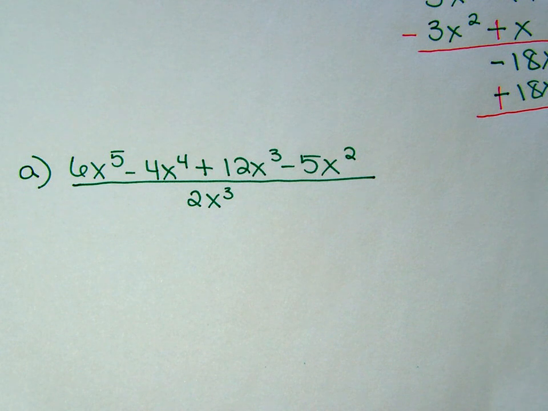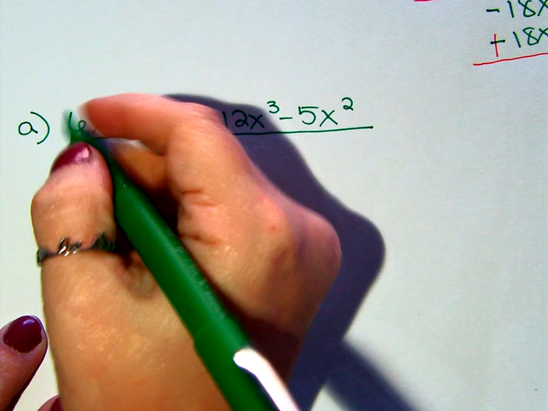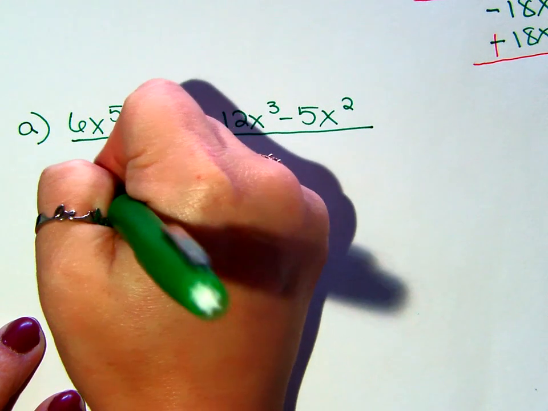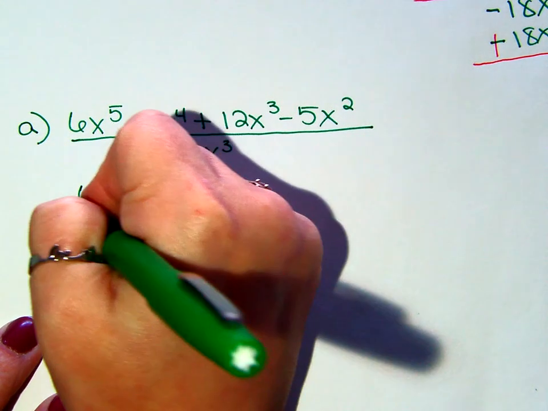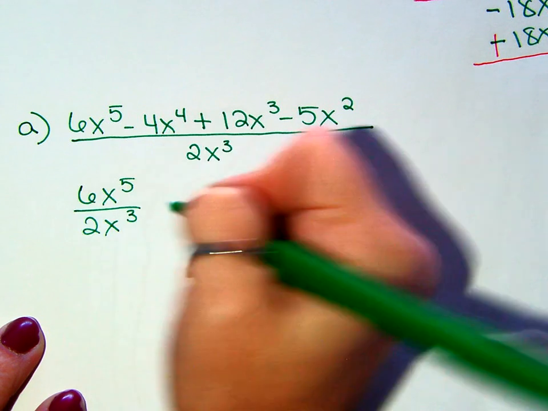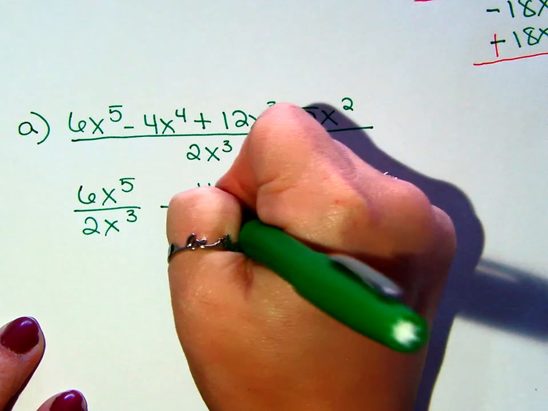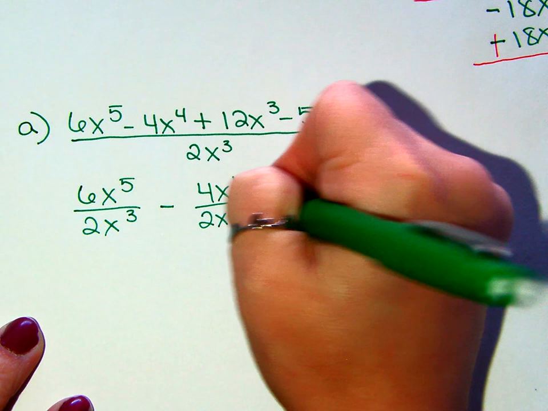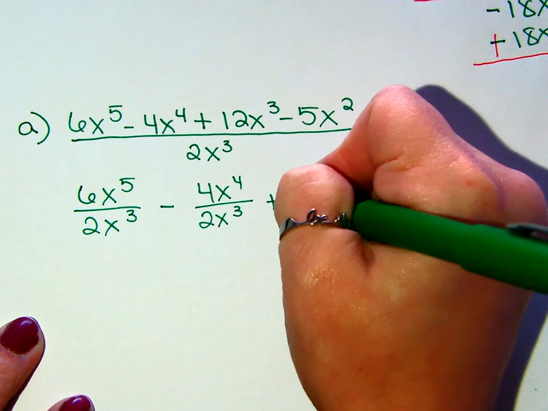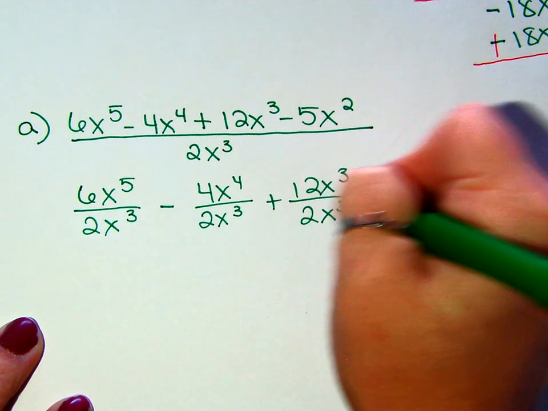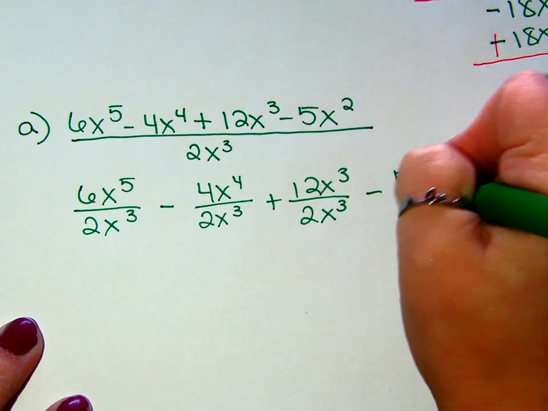So I can split this up to where I have 6x to the 5th over 2x to the 3rd minus 4x to the 4th over 2x to the 3rd plus the 12x to the 3rd over 2x to the 3rd minus 5x squared over 2x to the 3rd.